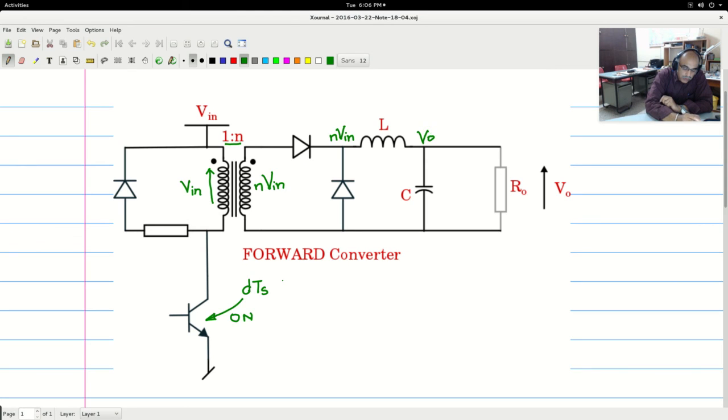So you see that during DTS time, you have n Vin minus V0 as your inductor voltage into DTS, plus during the 1 minus D TS time, the transistor is off. So during the 1 minus D TS time, we have the transistor going off.